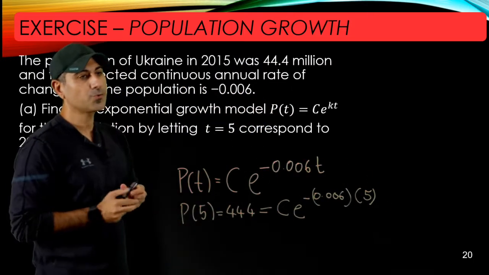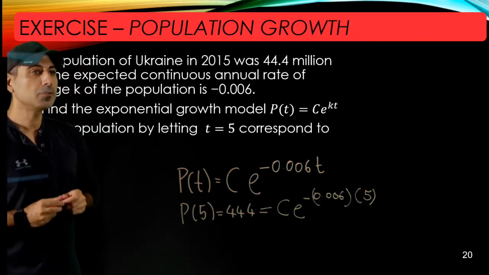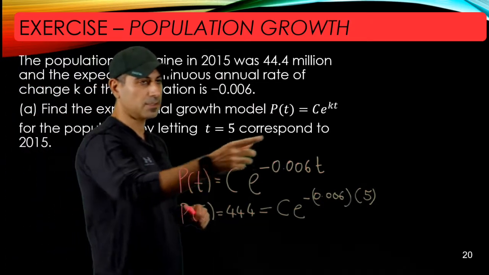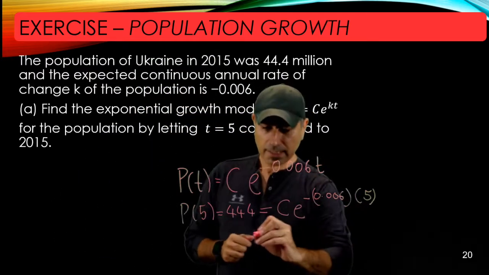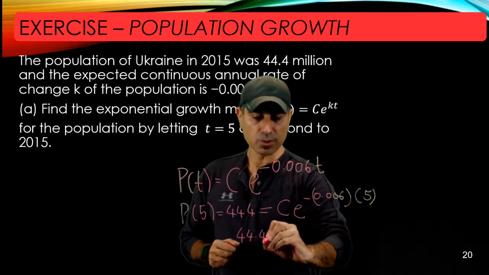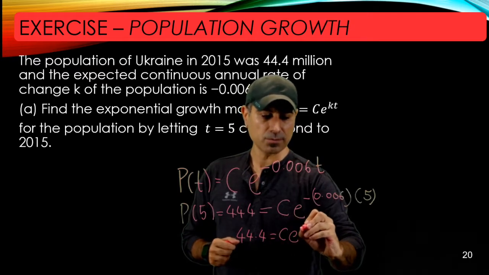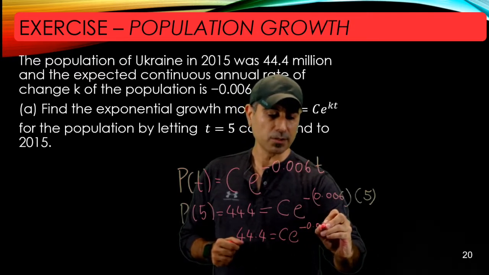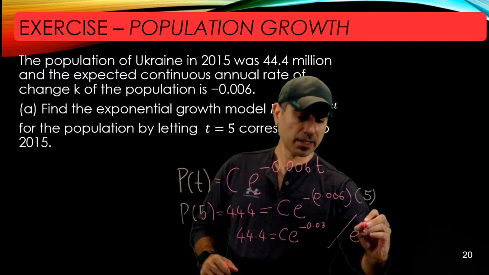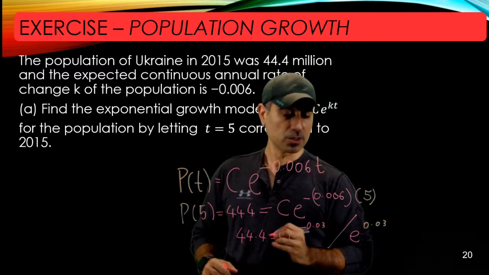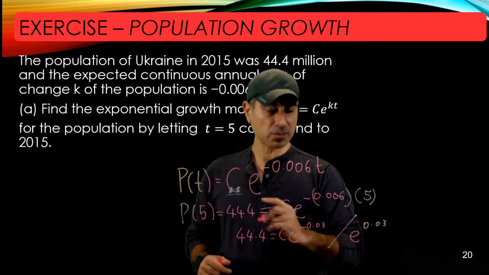Right? So this way we're going to determine the arbitrary constant c. Let's calculate: 44.4 equals c times e to the minus 0.03. So why don't we multiply both sides by e to the 0.03 so that this will cancel here.